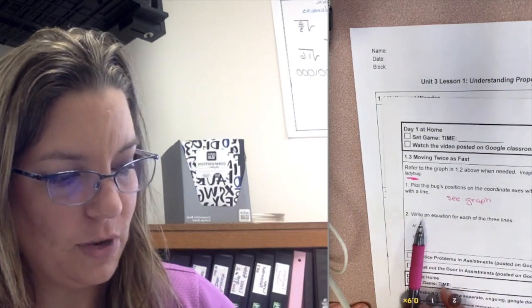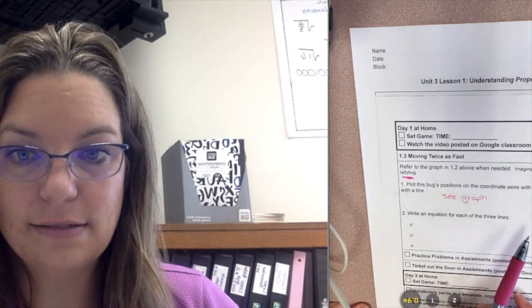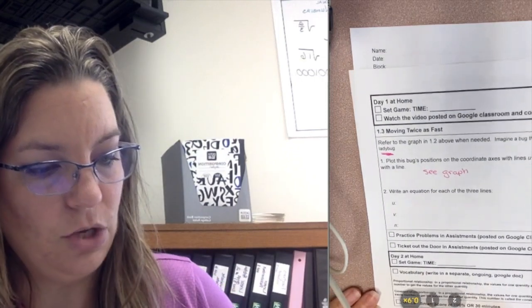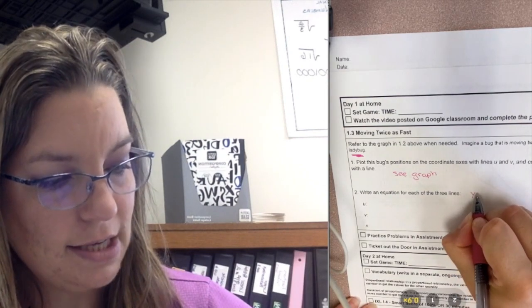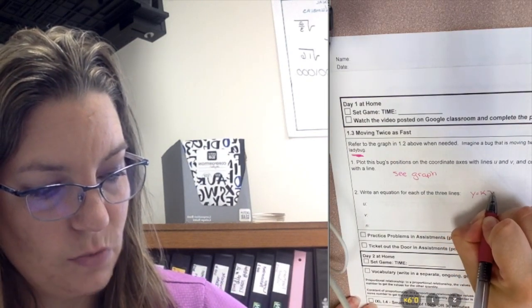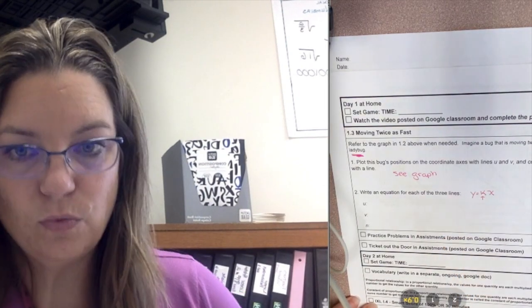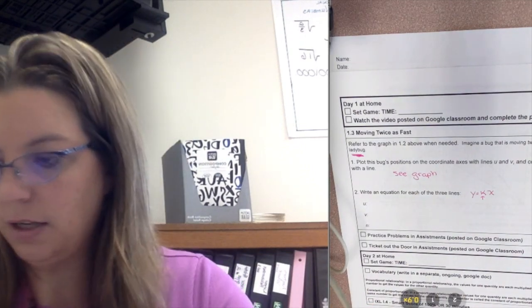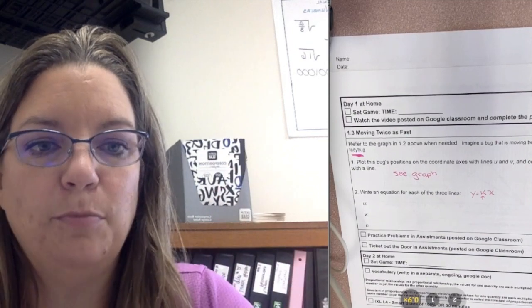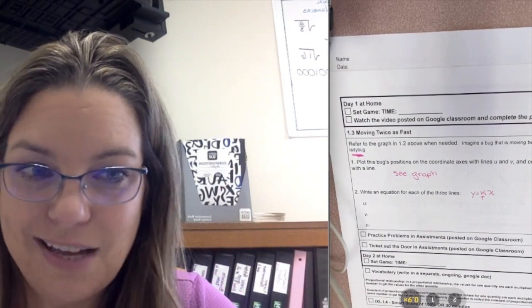So now what we have to do is we have to write an equation for each of the 3 lines. There's 2 different ways you can write this equation. You can write it in the form of y equals kx, where k is your rate, your unit rate, so your constant of proportionality. You may know that from last year.